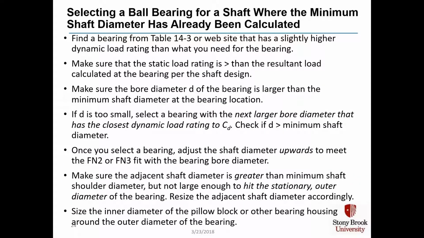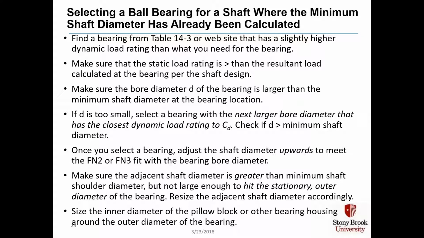Here's a step-by-step procedure to select the ball bearing for a shaft where the minimum shaft diameter has already been calculated. The first step is to find the bearing from table 14-3 or a website that has a slightly higher dynamic load rating than what you've calculated for the bearing.